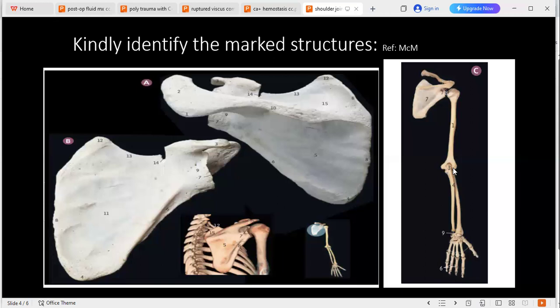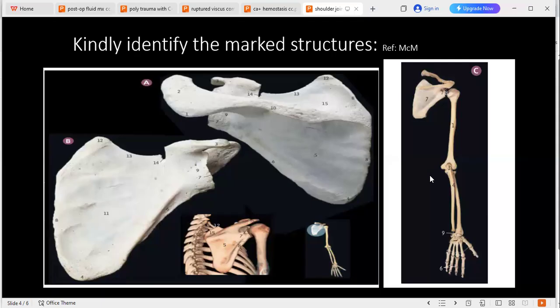Then the trunks pass behind the lateral border of the clavicle. Then the divisions, then the cords around the axillary artery in the axilla. But you would have to draw it on a human being and tell how it is formed.